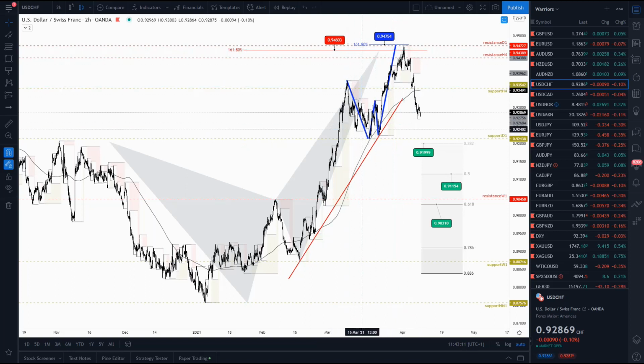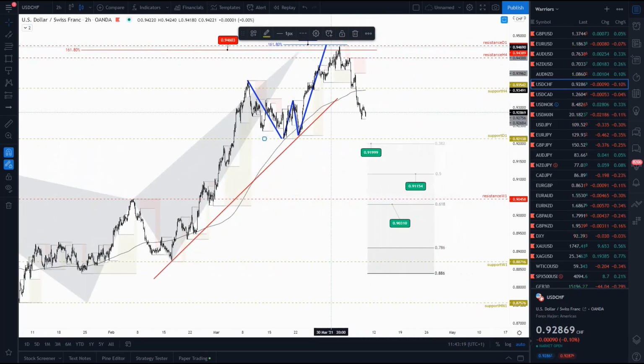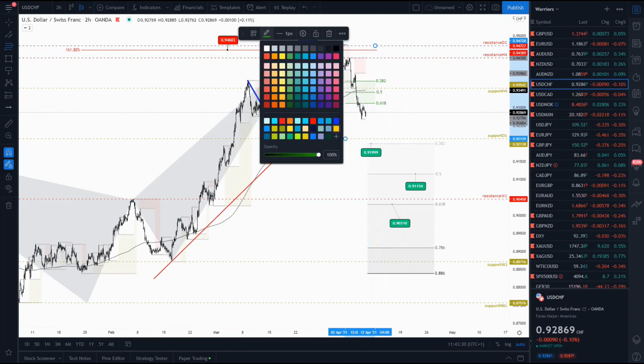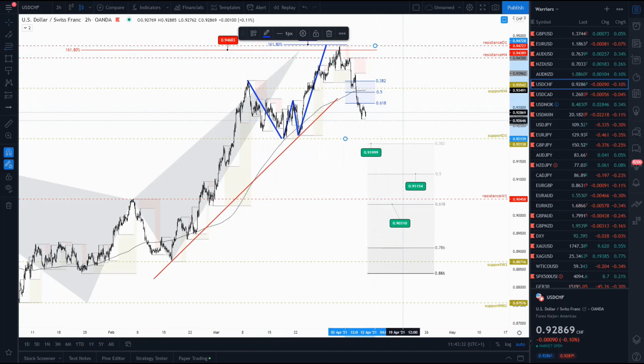Then when the price built this structure above the daily fractal support, I started to project also the possibility of this minor crab also above, and that one is already trading the 78.6, so basically beyond our default targets for the pattern, the 38 and the golden Fib as second target.